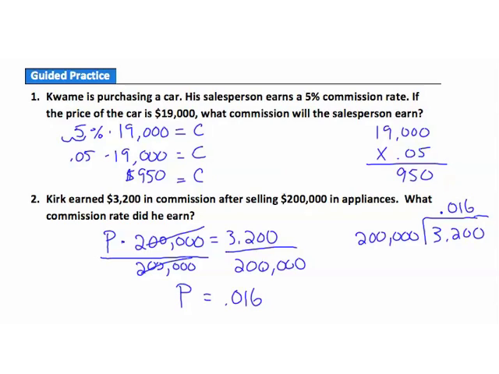We need to change that decimal answer now into a percent. So we would move this decimal 2 places to the right. So we go 1, 2. So as a percent, this is actually going to be 1.6%. So it looks like Kirk earns 1.6% commission on his sales at this appliance job that he has.